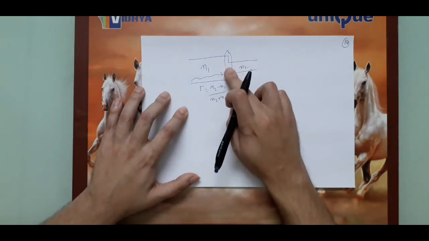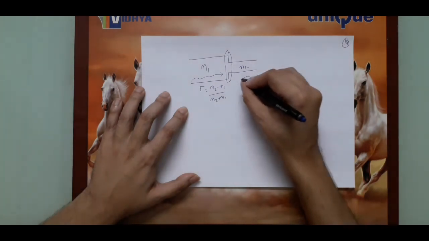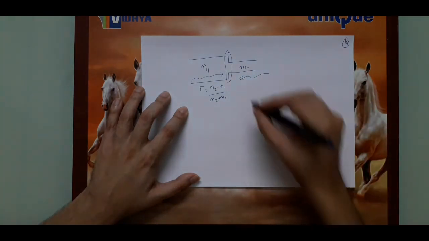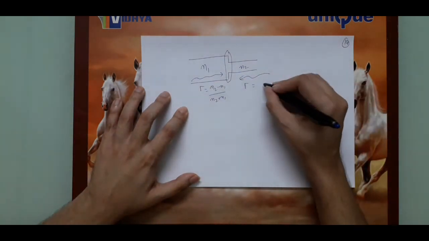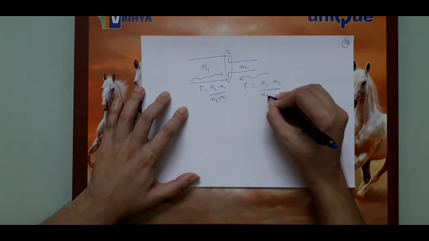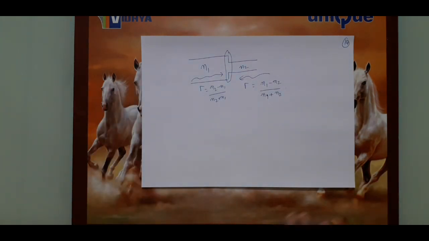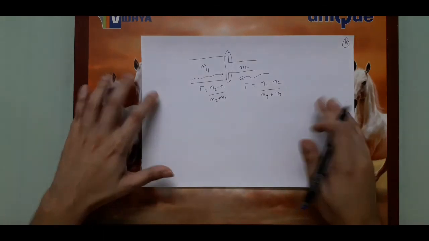So the impedance it will essentially see is the characteristic impedance of the line. Or if the wave is propagating this way, the reflection coefficient is nothing but eta 1 minus eta 2 divided by eta 1 plus eta 2. So this is the way to draw a correlation between the two.